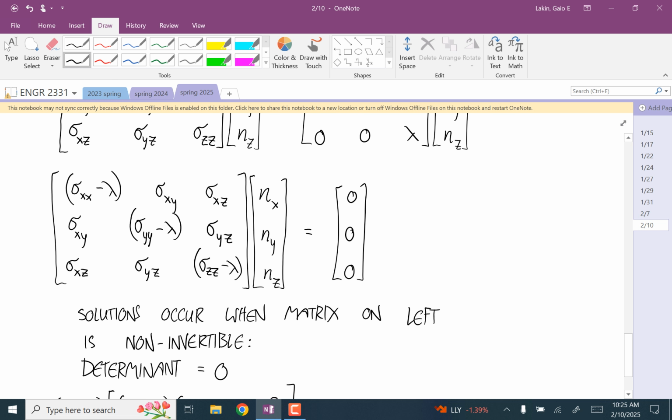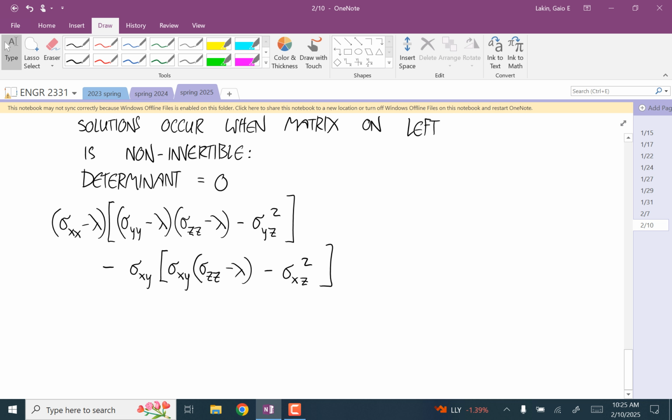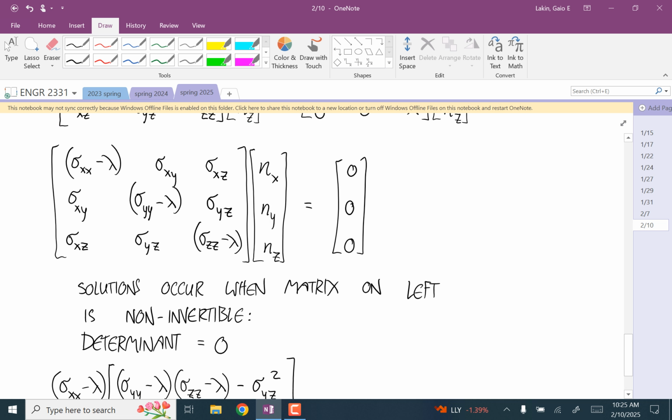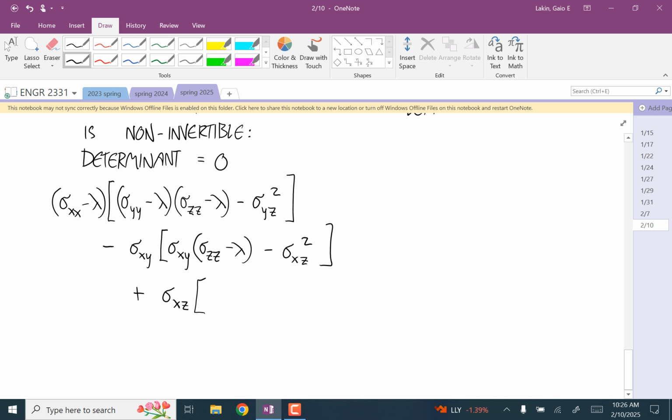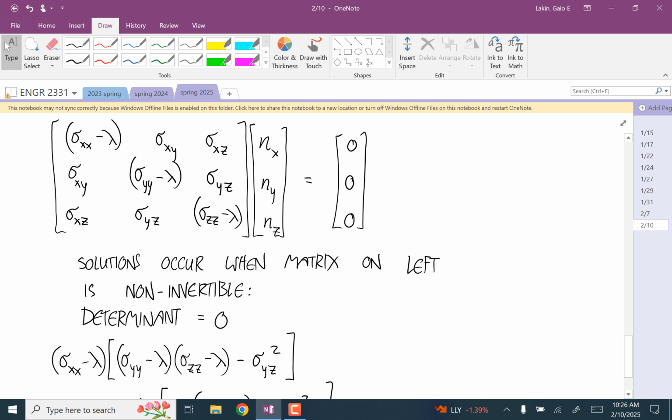And then we're going to do it with the last one in this row, so plus sigma xz times the quantity sigma xy sigma yz. Is that right?